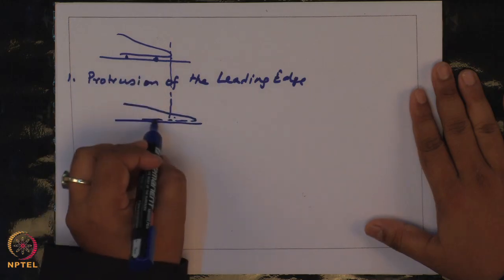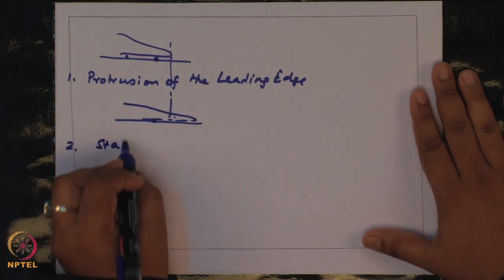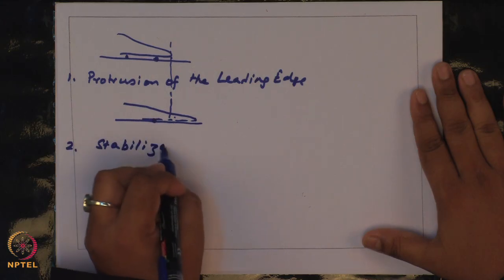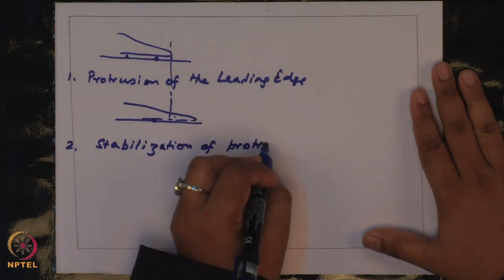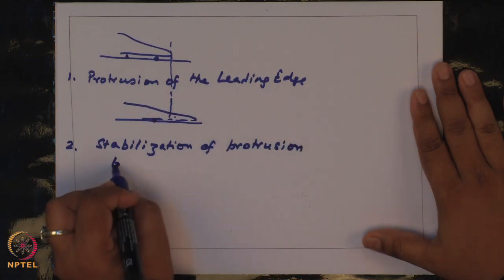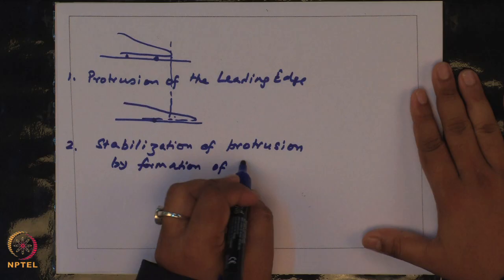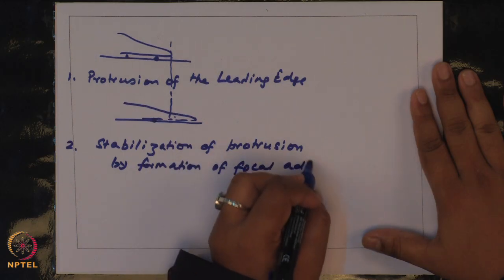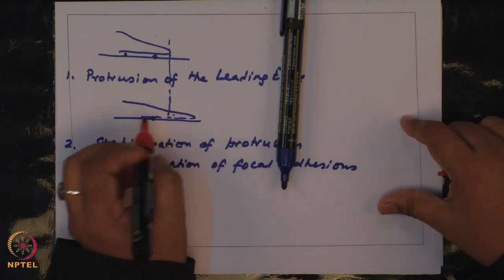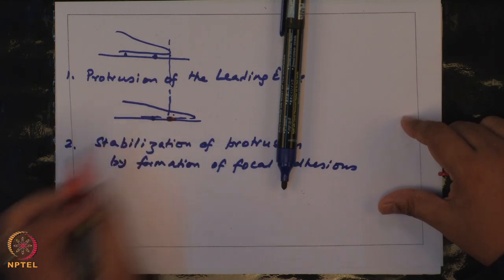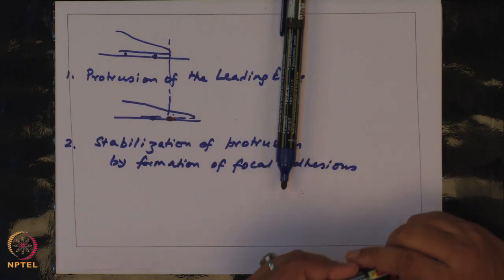The adhesion was here. Second, this protrusion is stabilized, by formation of focal adhesions. You would have a new focal adhesion, which I have drawn using red color. This is a new adhesion which stabilizes this protrusion.